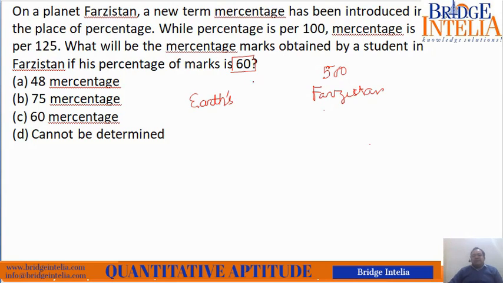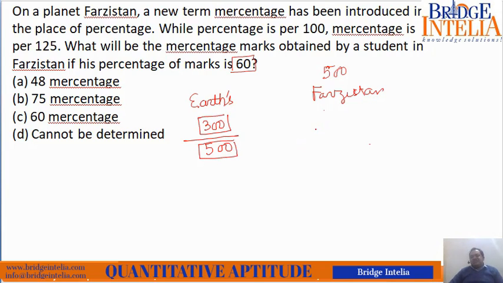So somebody on Earth thinks he has scored 60% marks. That means how many marks out of 500? So 60% of 500. So that is equal to 300. So he has scored 300 marks out of 500.